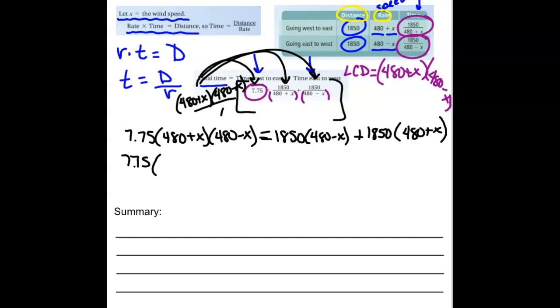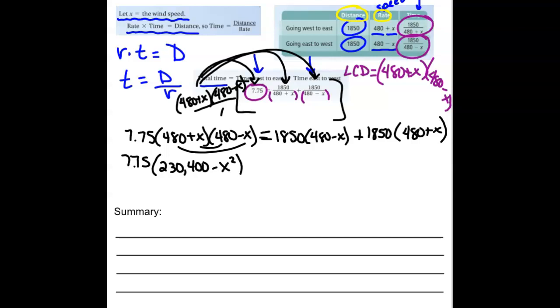If we take 480 plus x times 480 minus x, the insides and outsides will drop out. But 480 times 480 is 230,400. And then the x times the negative x would be negative x squared.